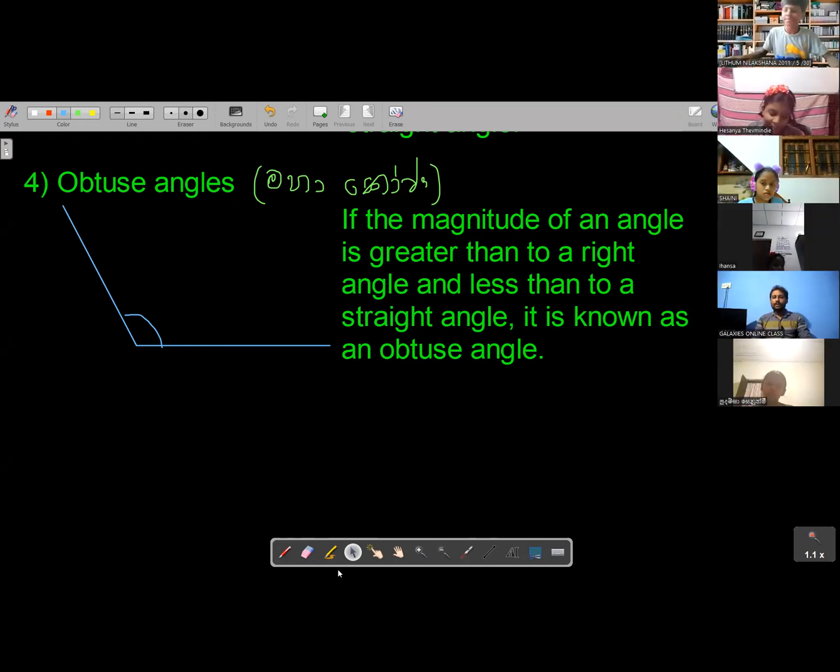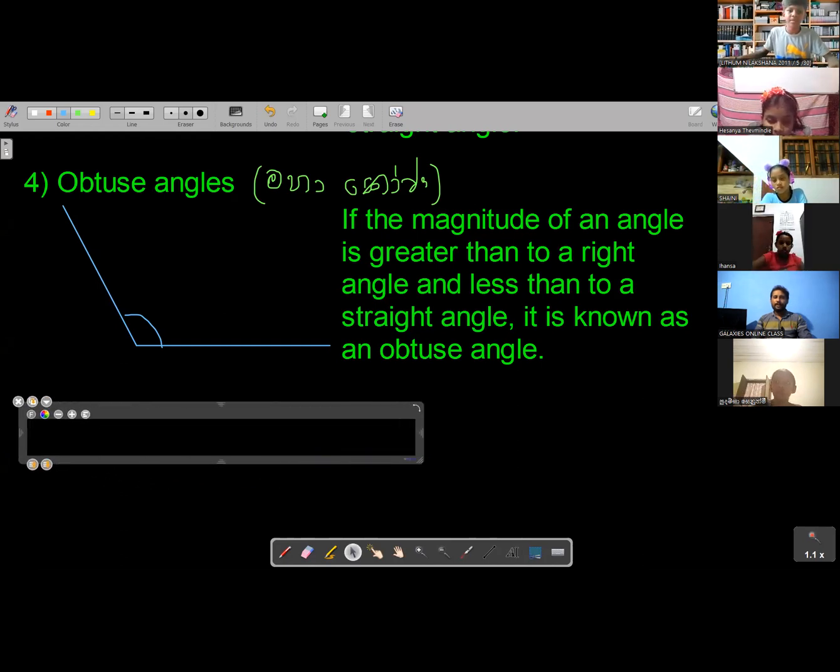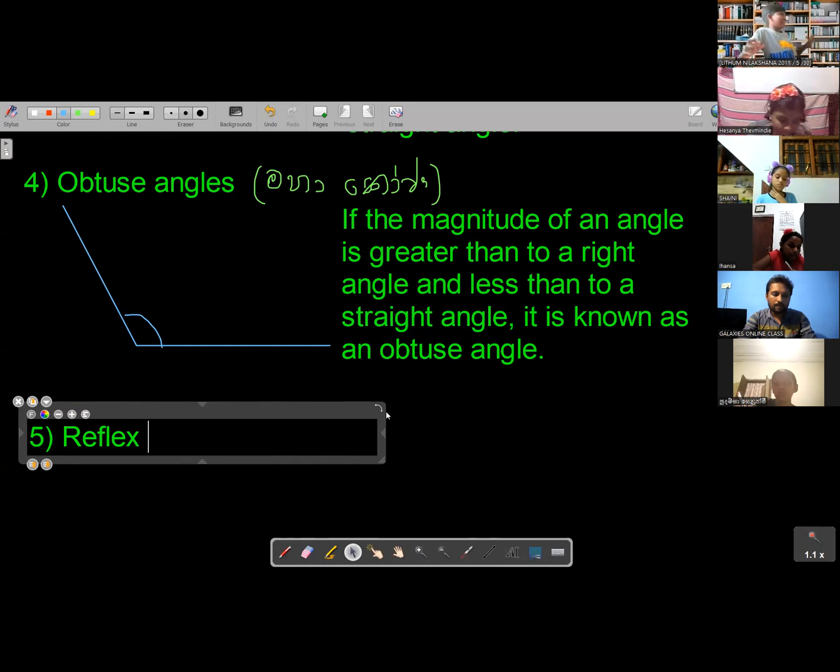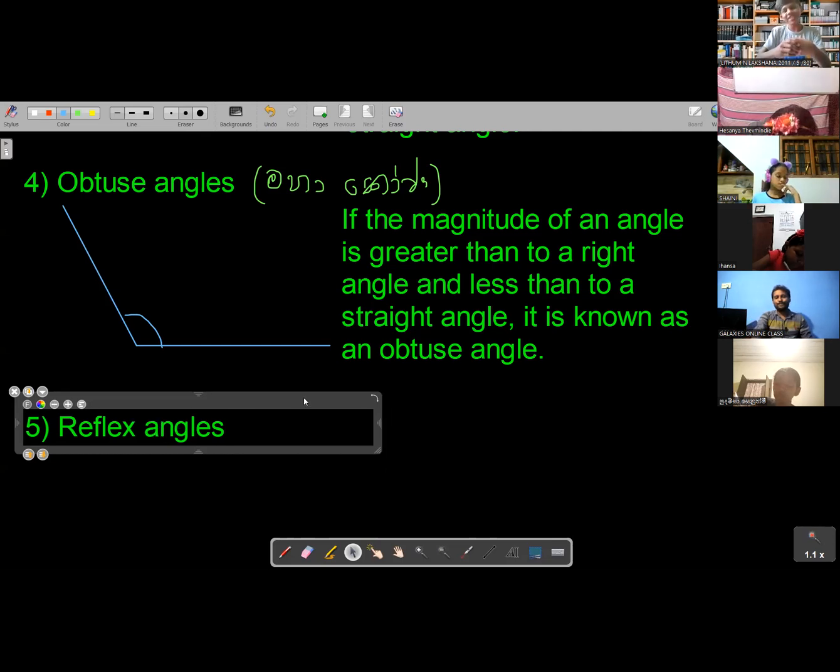Okay, so you write down number 5. Reflex angle. Yes, number 5, write down reflex angles.